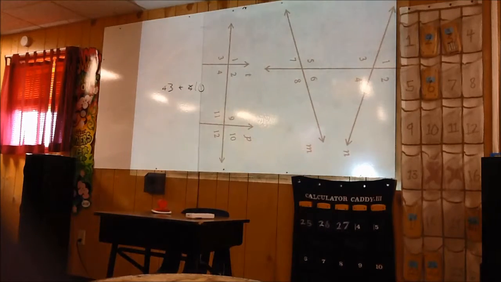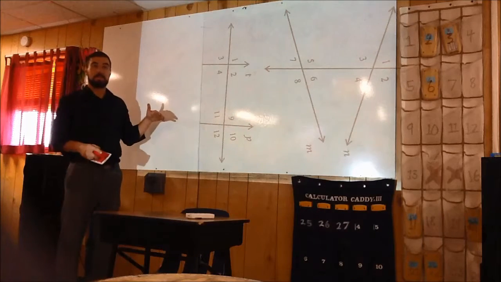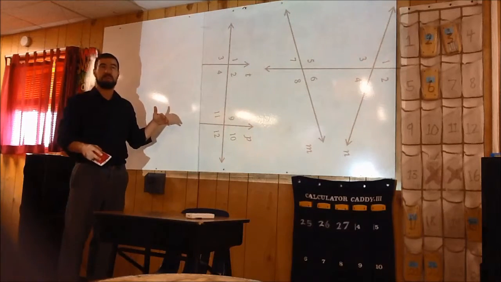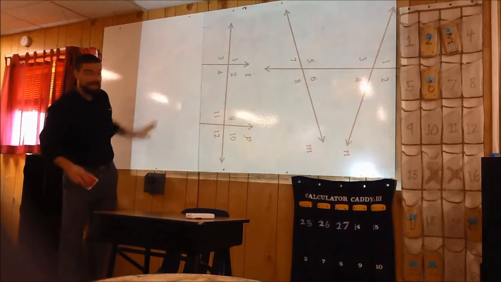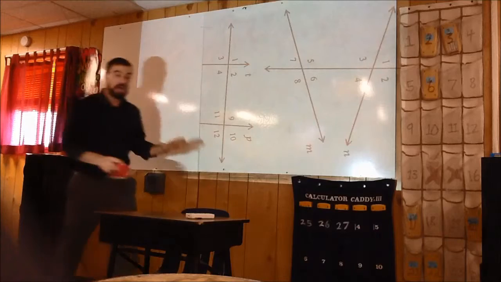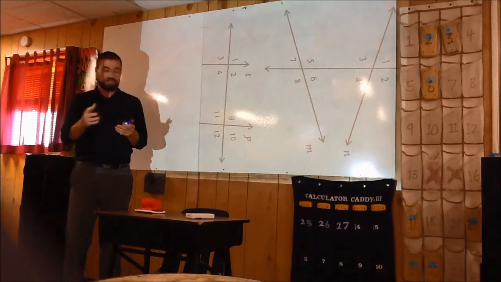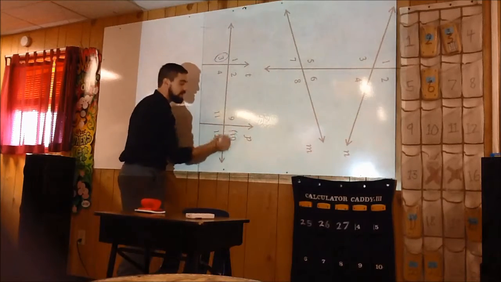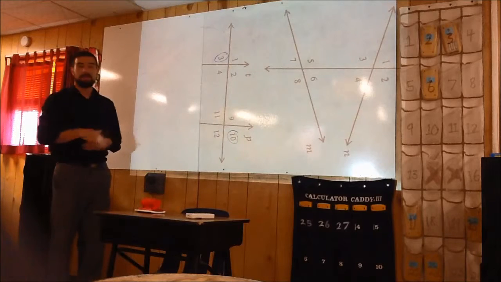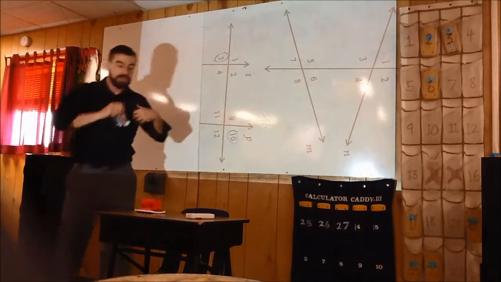So now I have made this complex diagram a lot less complex, by blocking out one of the lines and rotating it so that it looks like the original diagram that we first learned this stuff with. So now I can see angle 3 is right here, angle 10 is right there. What type of angles are those? Alternate exterior angles. So that's what you need to do when we're solving.